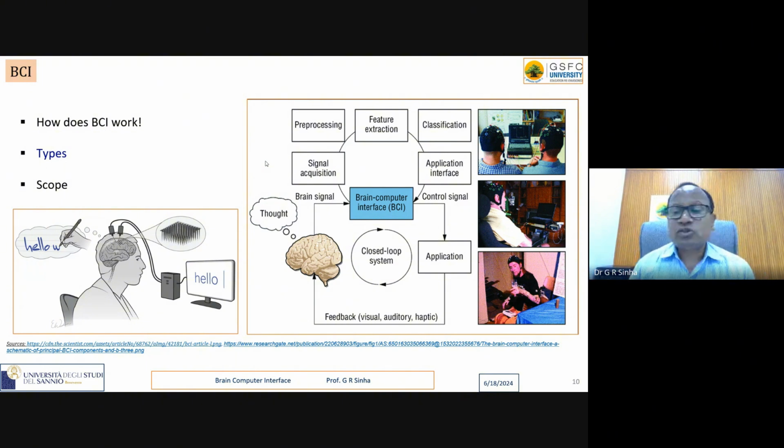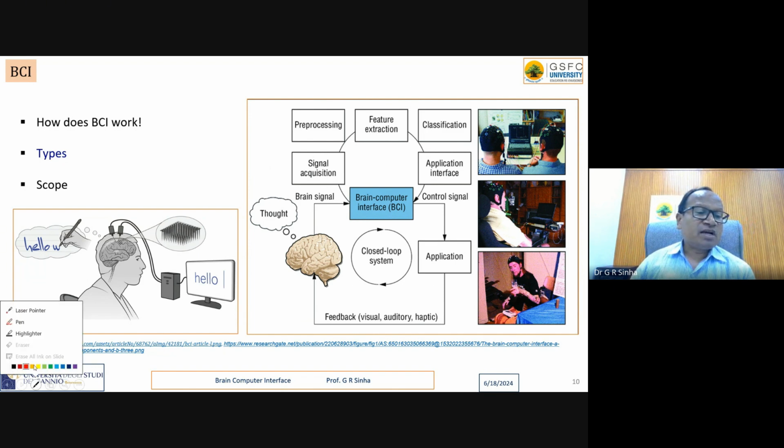So with this background related to biomedical signals, let us begin with understanding how it works, what the different types of BCI are, and what the scopes of BCI are. As far as the working of BCI is concerned, as we have already covered, it is the same.